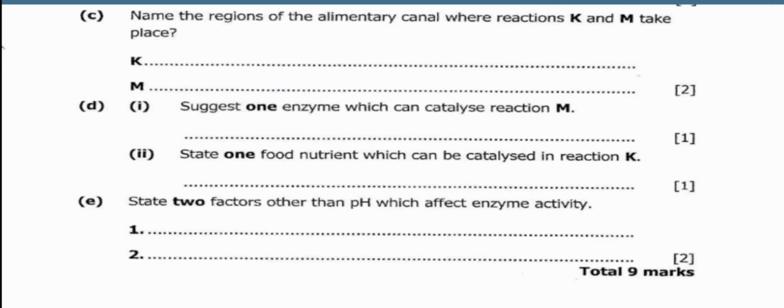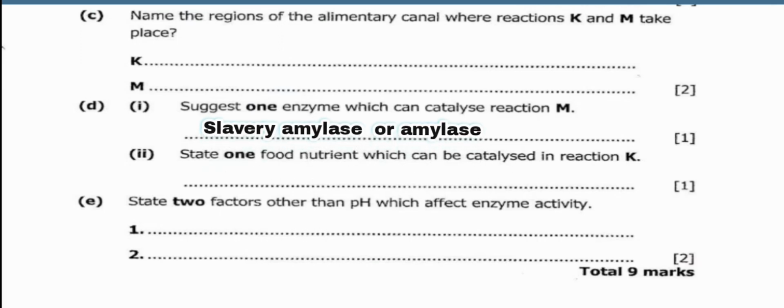In the mouth, that is where the digestion of starch or carbohydrates starts. That happens when the salivary gland secretes the salivary amylase. That salivary amylase catalyzes what? The carbohydrates or the starch. So you can say salivary amylase or just amylase.